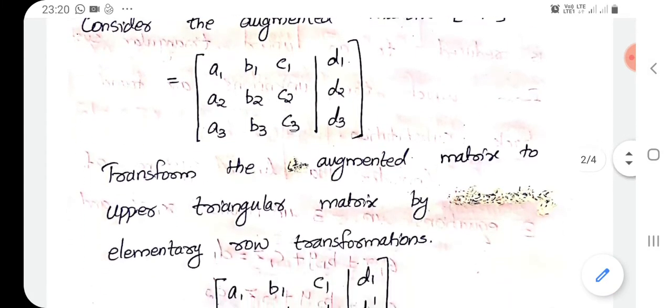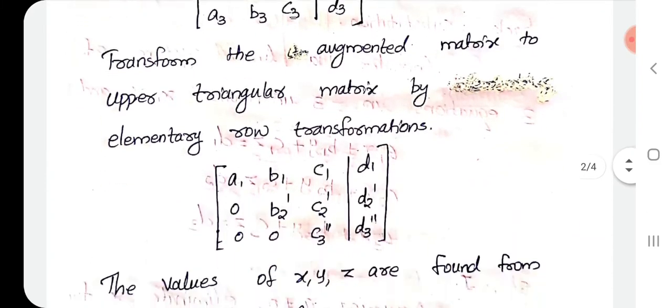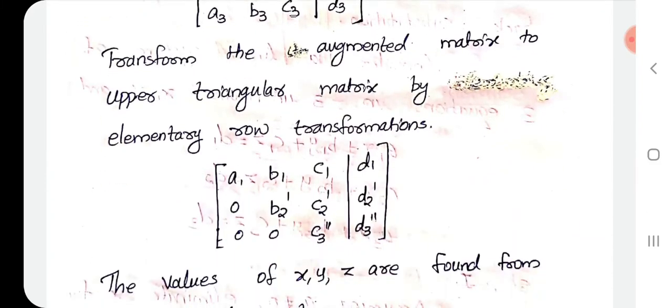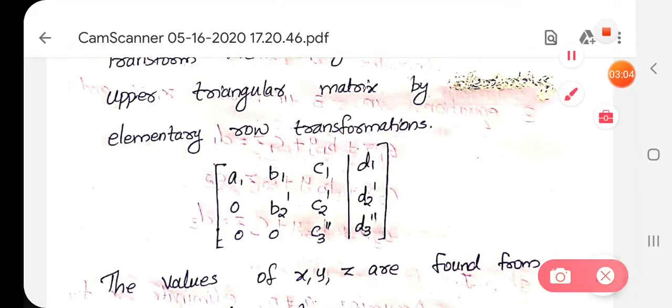Now transform the augmented matrix to an upper triangular matrix by elementary row transformation. By using elementary row transformation, there is no change in the first row A1, B1, C1, D1.